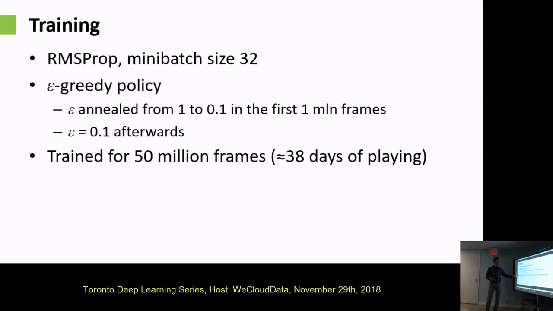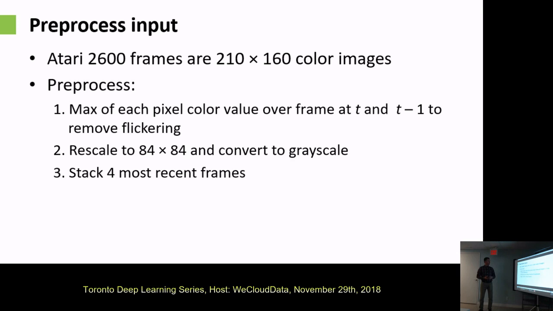They trained for 50 million frames, and since the simulator runs at about 60 frames per second, that's about 38 days of playing. They also preprocessed the input. The pictures I showed you are not what gets fed into the network. They scale the 210 by 160 color images down to 84 by 84 and convert them to grayscale.